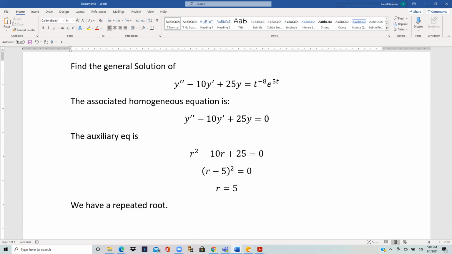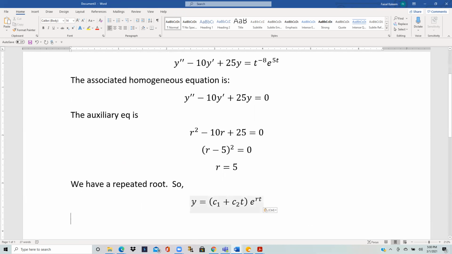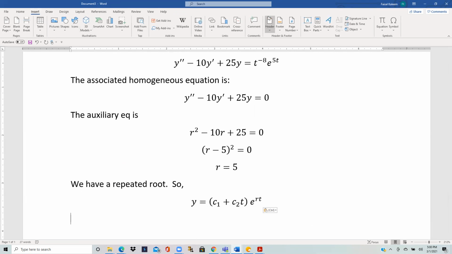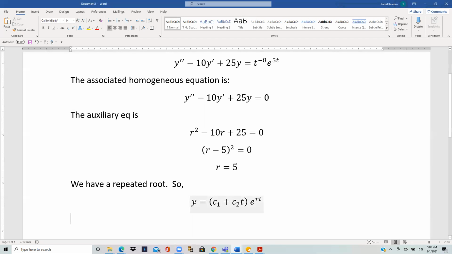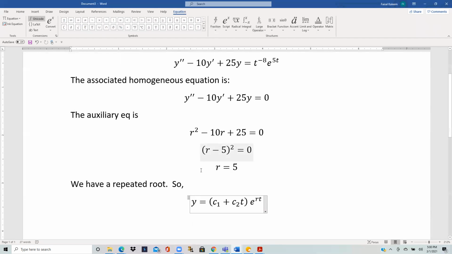So this is the homogeneous solution. We call it yh.